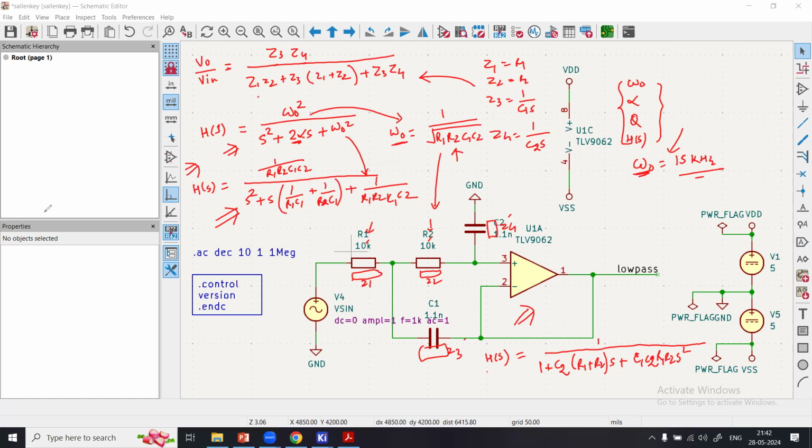If you see, this term is basically 1 over omega naught square, and this term is twice zeta by omega naught, which is equal to 1 over omega naught Q. That's how I can get to this expression.